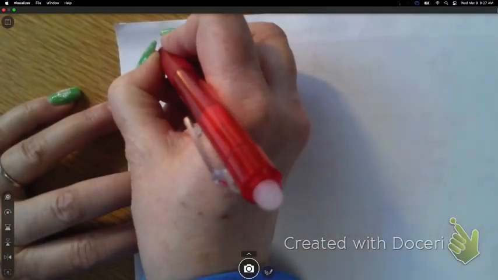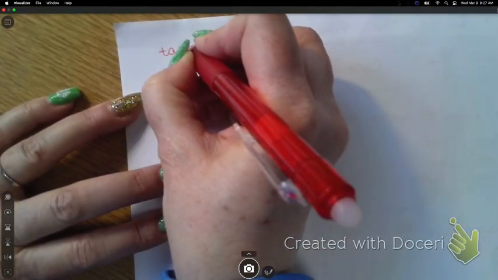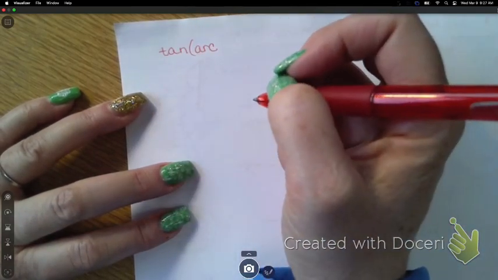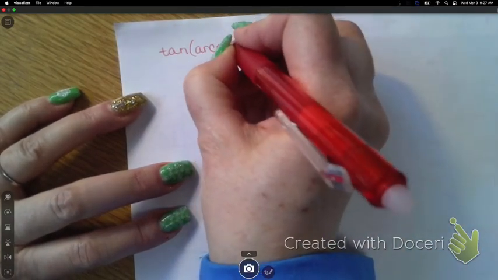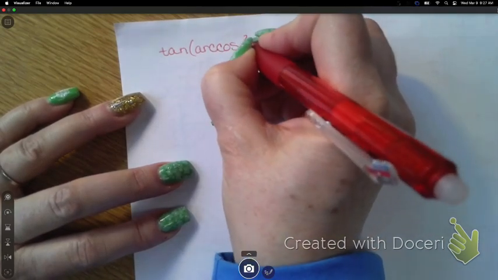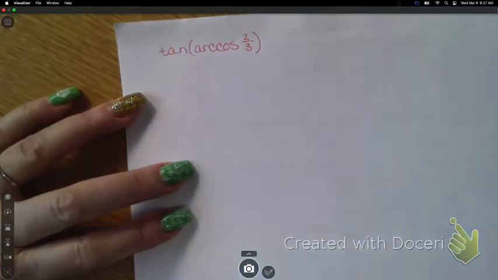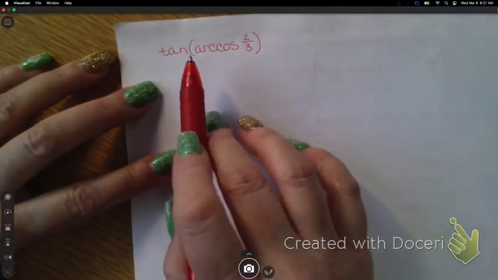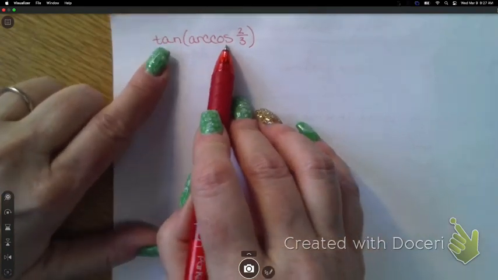So now I'm going to have to do the tangent of the arc cosine of 2 over 3. And they're not always going to have arc. They're going to have inverse also. But do they mean the same thing? Yes. Well, tangent and cosine are not the same functions, right?